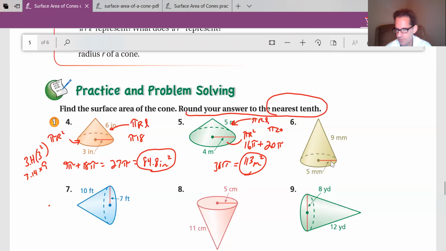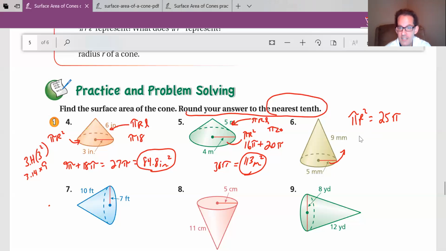Number 6 has a radius of 5, and so for my formula, I would have pi r squared, which is the same as 5 times 5 is 25, that equals 25 pi. For my lateral surface, I have 9 millimeters times 5 millimeters for the radius times pi.